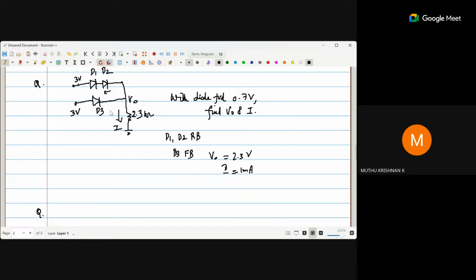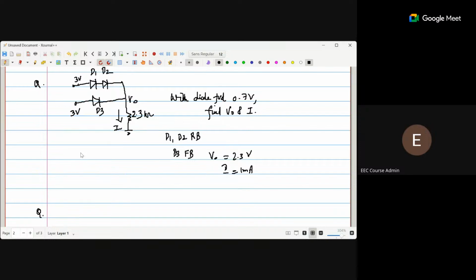So if one of the diodes is ideal, can't we just proceed with that? Even D1 and D2 will also conduct at that time, because the voltage drop at that whole branch is just 0.7 volts. So V0 is sufficient to make it forward bias.